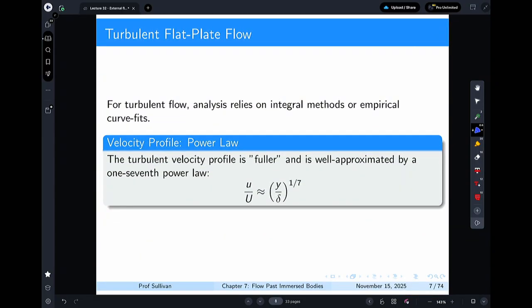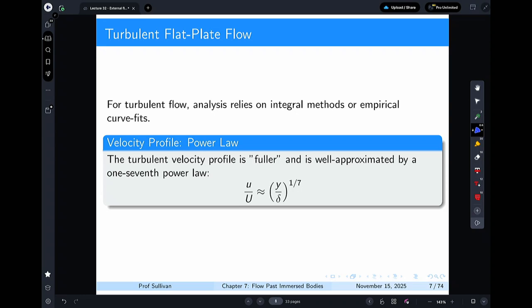Turbulent flows tend to be more difficult, and because they're more difficult, we have done an approximation, and we have something called the 1/7 law. And u over U in that case is a function of y over delta, the boundary layer thickness. Again, delta is the thickness that we've assumed.